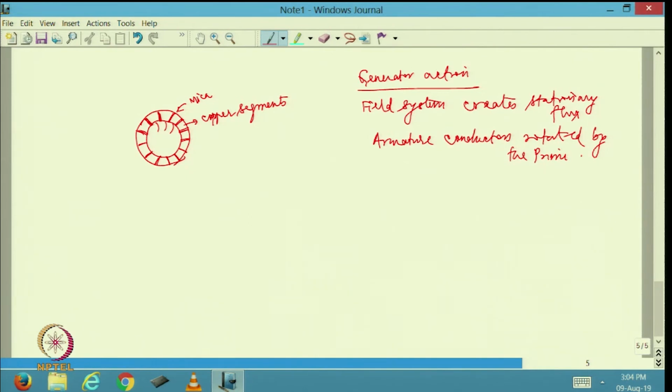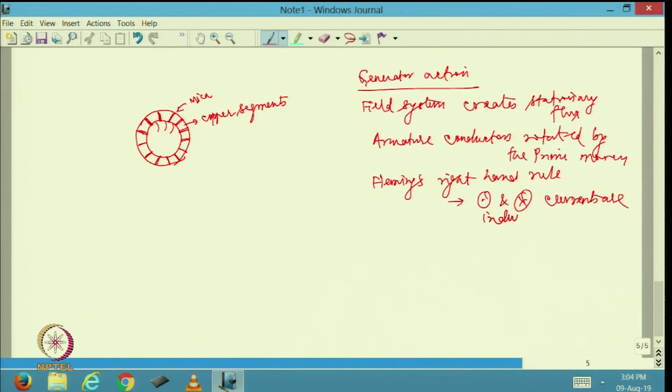Now, when the armature is rotated with the help of the prime mover, as per Fleming's right hand rule, I am going to have dot and cross currents induced, right, in the conductors.